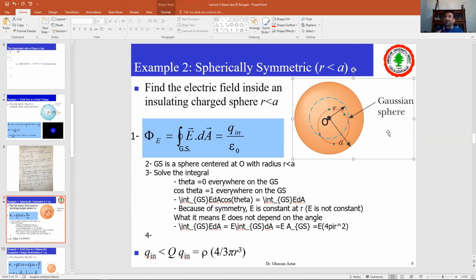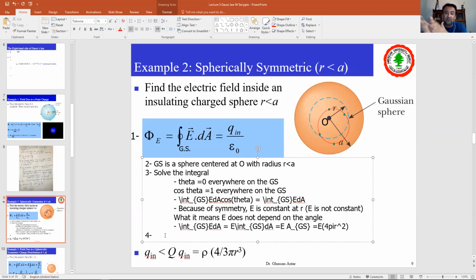So I cannot take E out of the integral. The only way I can take it out is if I center the surface and make a spherical object, such that theta is equal to 0 everywhere and E is constant at the distance R away from the center. This is why the choice of the Gaussian surface is extremely important. Often it is intuitive, but nevertheless, it's extremely important.